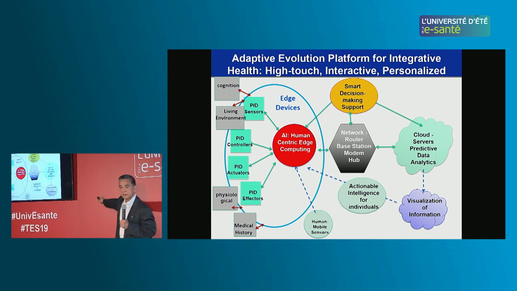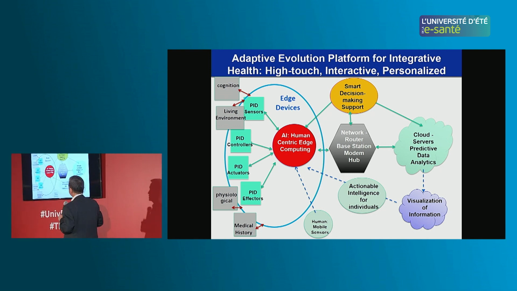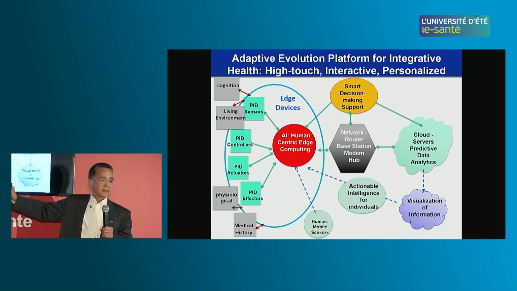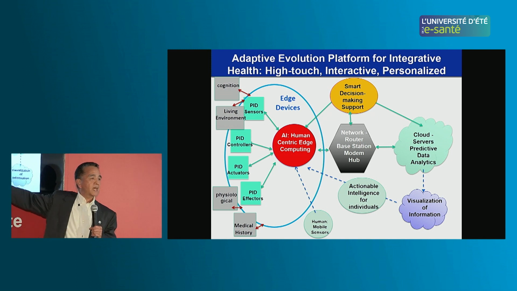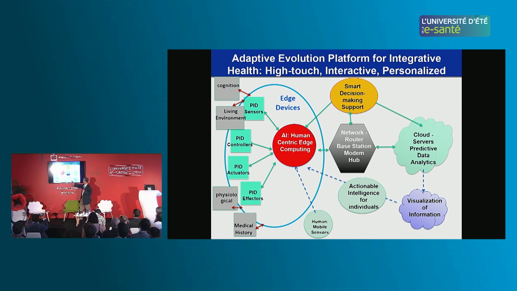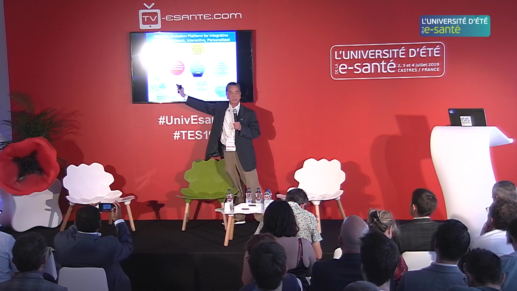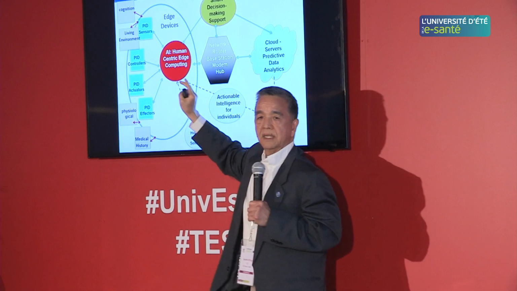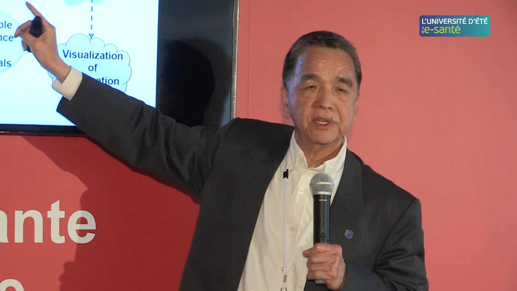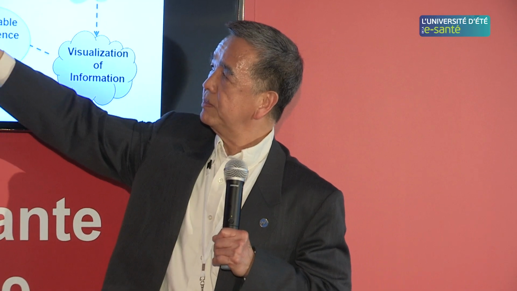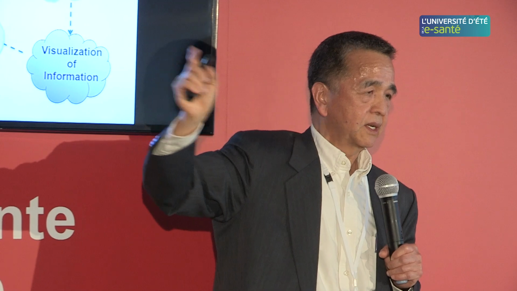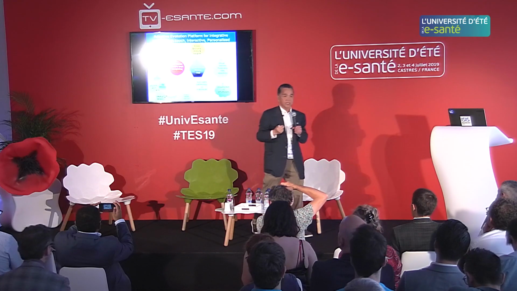So the system, how we can develop it as an engineers, now we can come up with a schematic of the system design. So on the left-hand side, this is the edge device. So think about, for the edge device, the artificial intelligence is about human-centric edge computing. What kind of computing resource is needed?